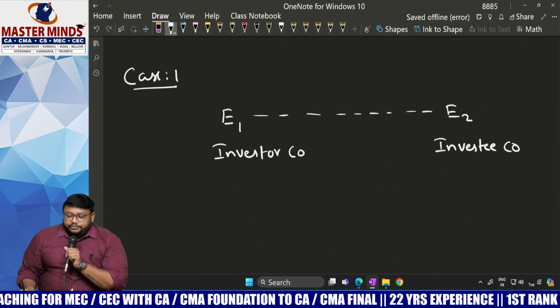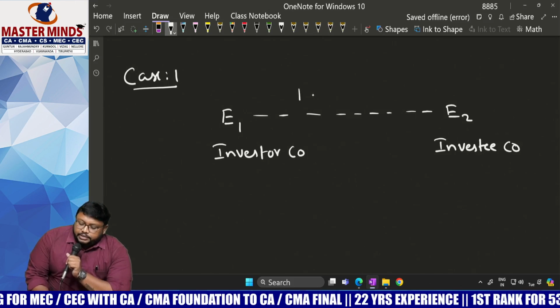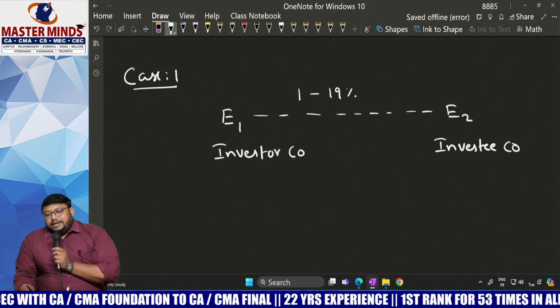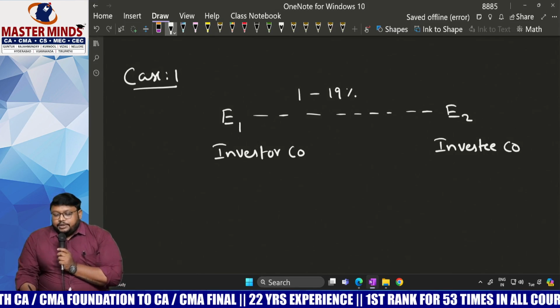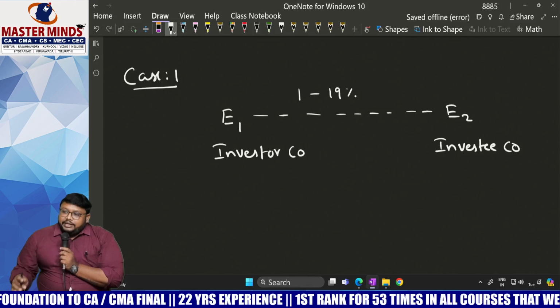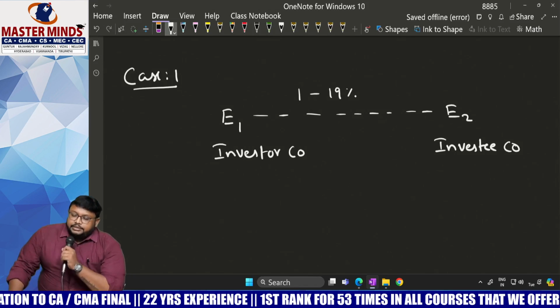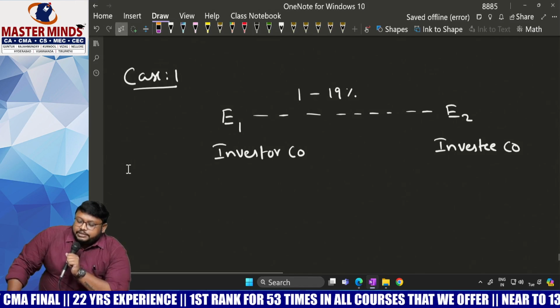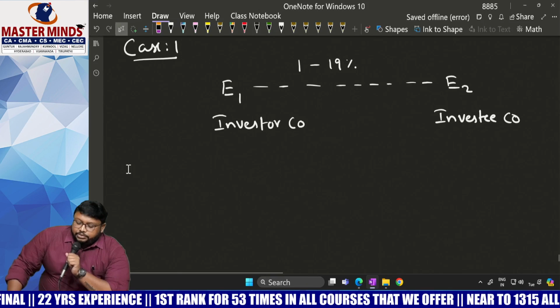Now the size of investment is 1 to 19 percentage. So 1 to 19 percentage of shares we are having in E2 Limited, up to 19% of shares. That means shares here mean equity interest. So 1 to 19% of equity interest they are having in E2 company.